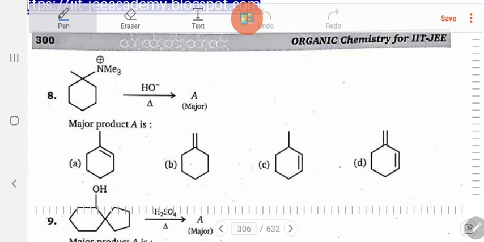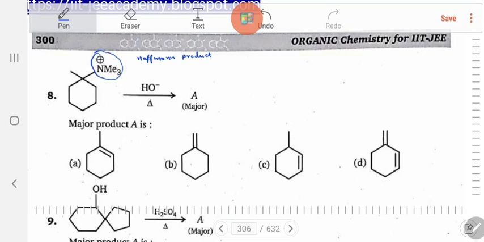Now when there is a bulky base, what happens? Hofmann elimination product should be obtained. Already we discussed yesterday, to get the Hofmann product, there are conditions. 1. There must be a poor leaving group. 2.